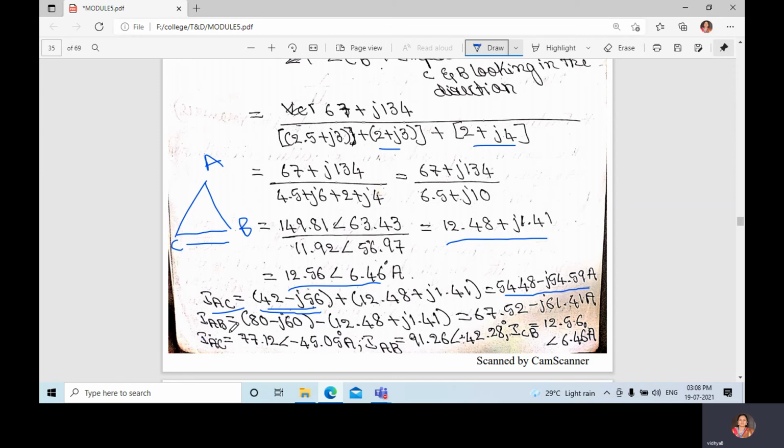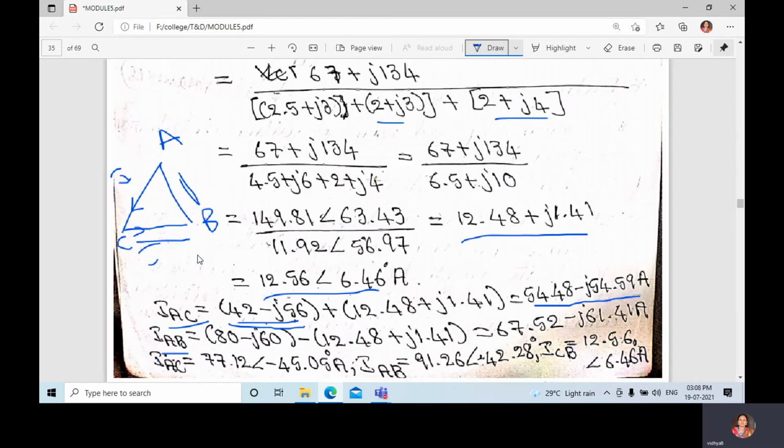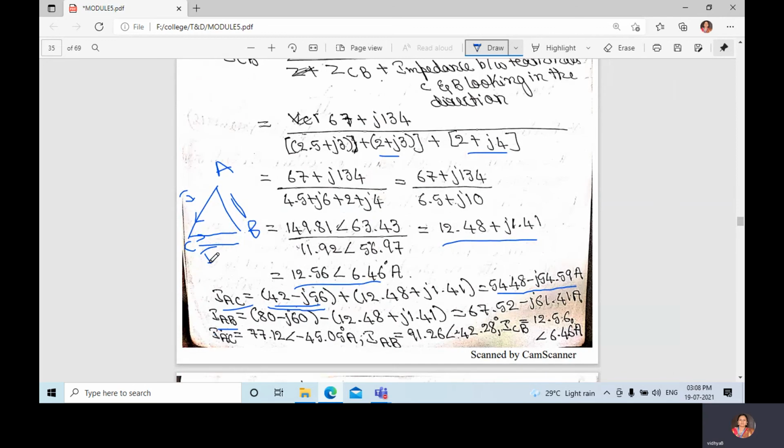And next AB, okay, IAB. For this section, for example, this is I, which includes I1 plus I2. Here this is I1, this is I2, like that you imagine.